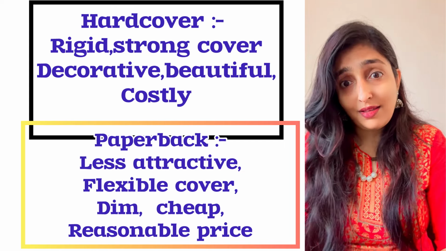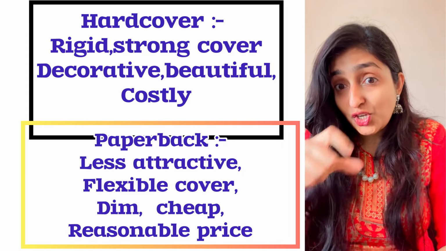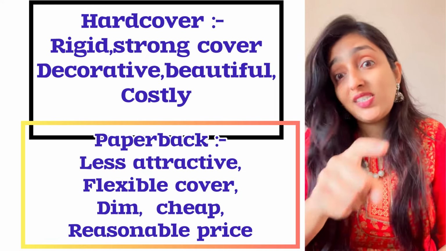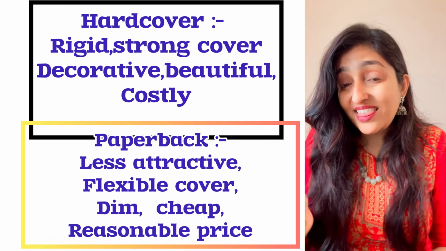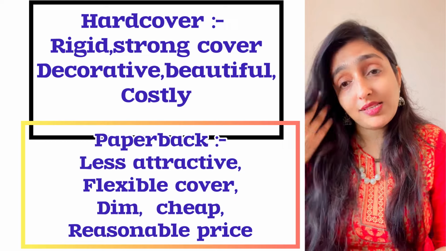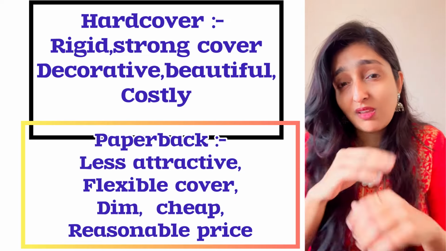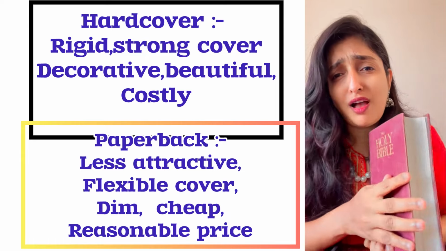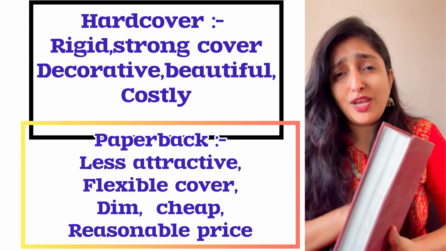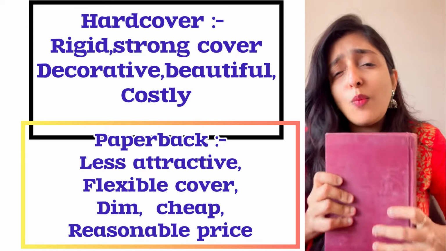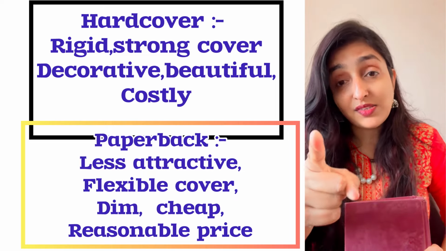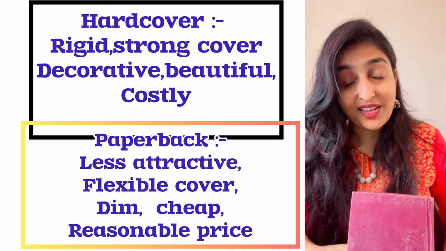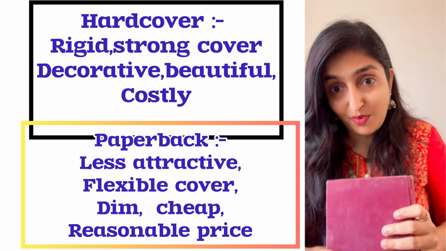Now, the next two terms are paperback and hardcover. What are they? They are two editions of the same book. When the author releases his book, it has very rigid and very strong, beautiful covers, full of decoration and embellishment, and it's looking very beautiful. That's a hardcover, a big budget book.